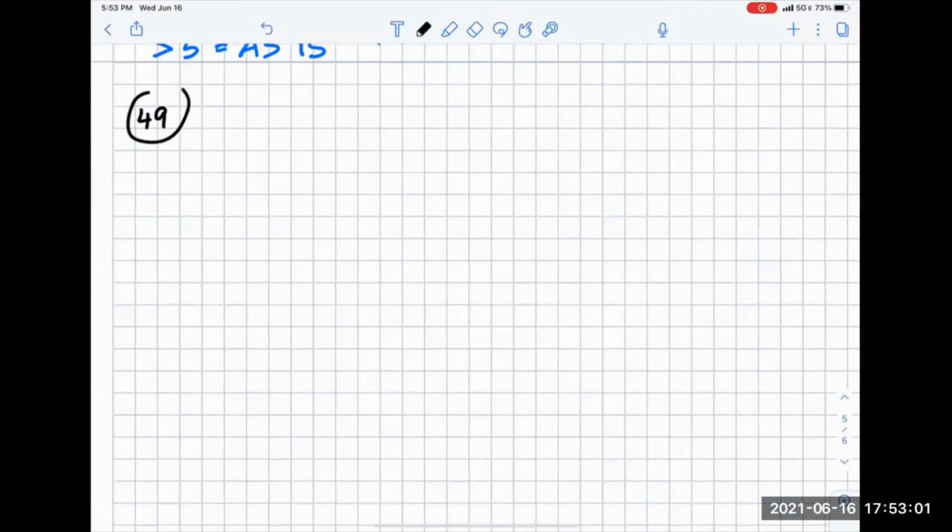Carry out the following multiplication, division, expressing your answer. Okay, this is one thing. Let's do addition and subtraction also, maybe 52 or 51. If there's any, okay, let's do number 49.